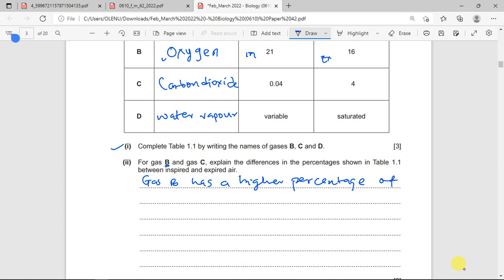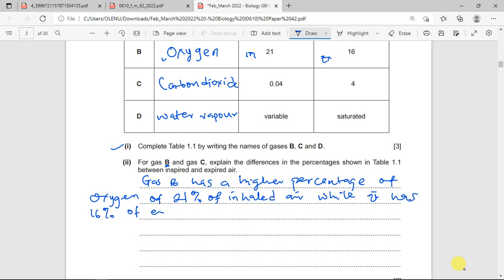It has a higher percentage of oxygen of around, always use statistics, 21% of inhaled air, while it has 16% of exhaled air.